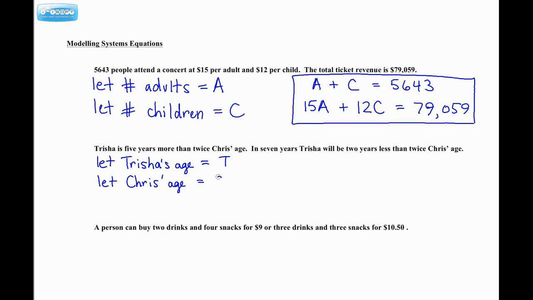be C. Now we have to be careful because the problem actually has two time frames. This one is in the present and this one is 7 years in the future. Okay, so when I say let Trisha's age be T, we just need to be careful, are we talking right now or are we talking in the future? Okay, so let's just make a note of that.